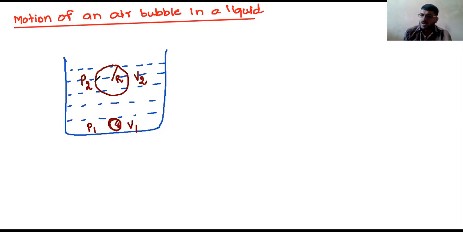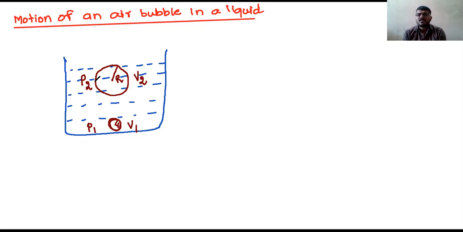Understand? One more time, listen. I have taken a container and we are learning how an air bubble moves in a liquid. I have taken an air bubble at the bottom of that vessel, and as it goes up and up, its size or volume increases.